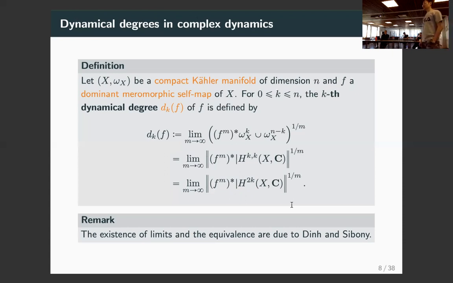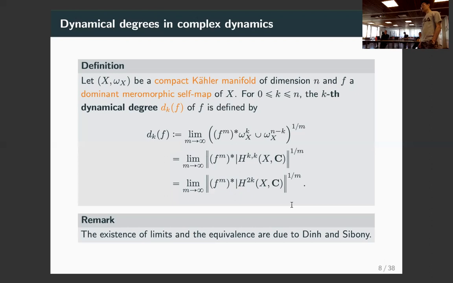As in the complex surface case, we take the pullback of the m-th iterate of this dominant meromorphic map on the k-th wedge product of ω_X, and then we take the cup product with ω_X to the n minus k. Then we also get a positive number, and then take the m-th root. So this is the definition of the k-th dynamic degree.